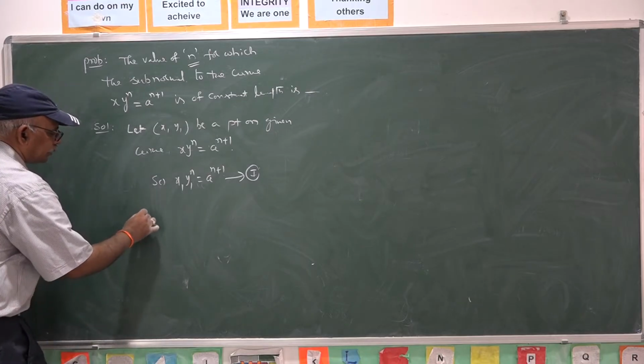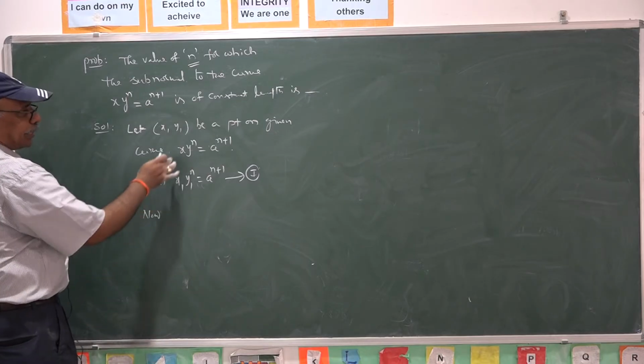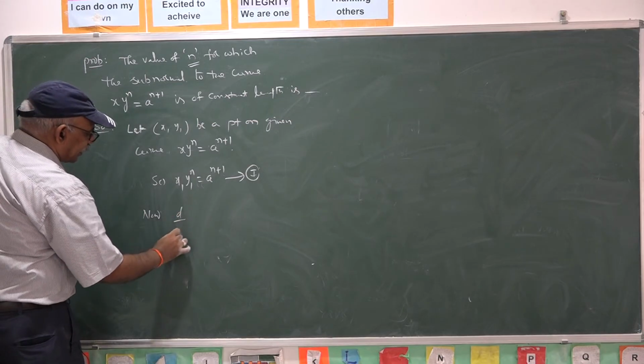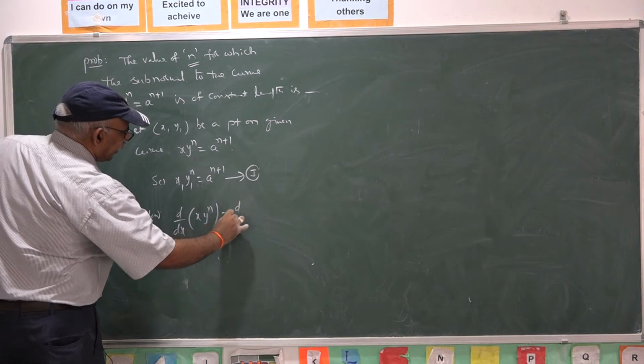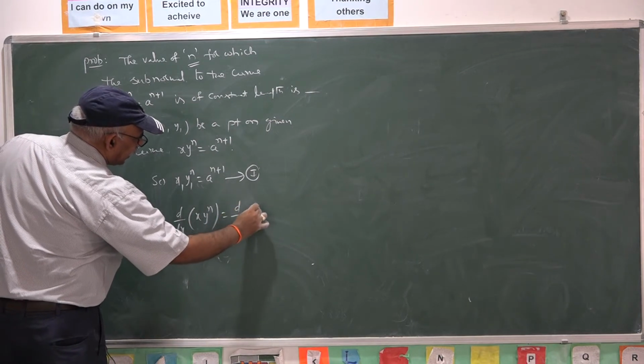Now, differentiating the curve with respect to x, d by dx of x y power n equal to d by dx of a power n plus 1.